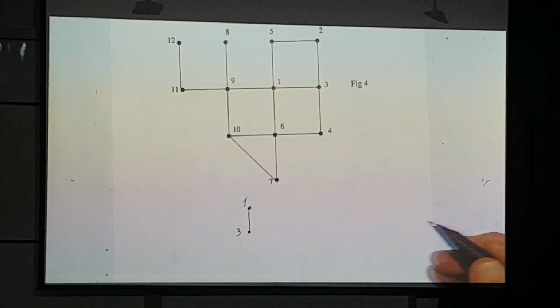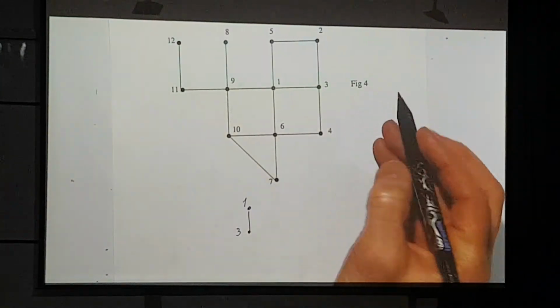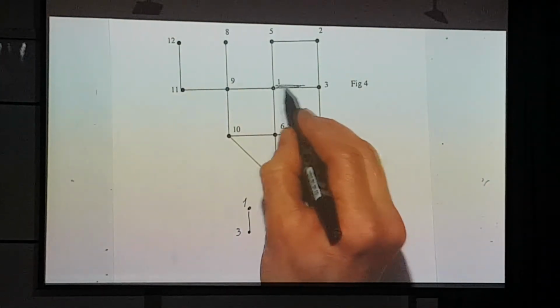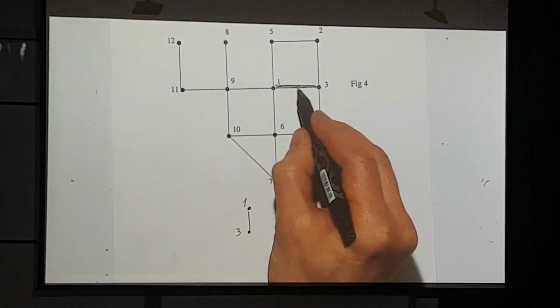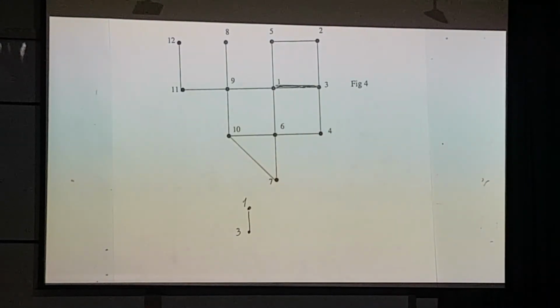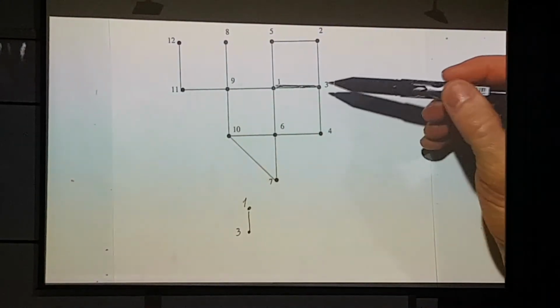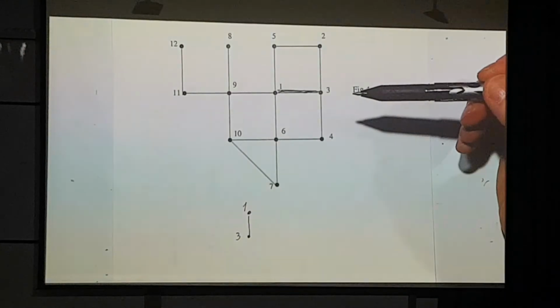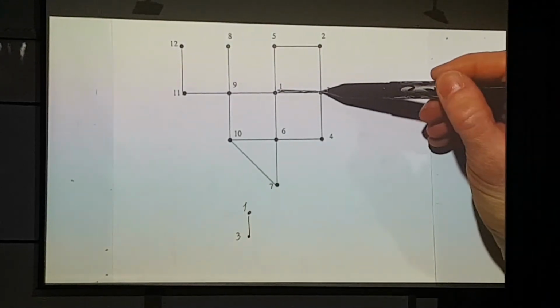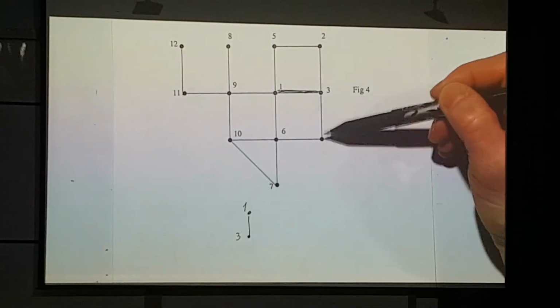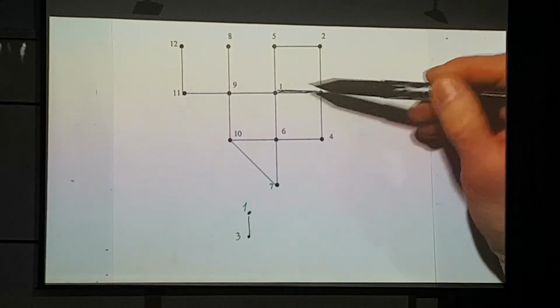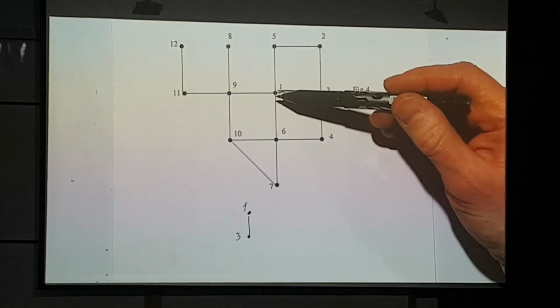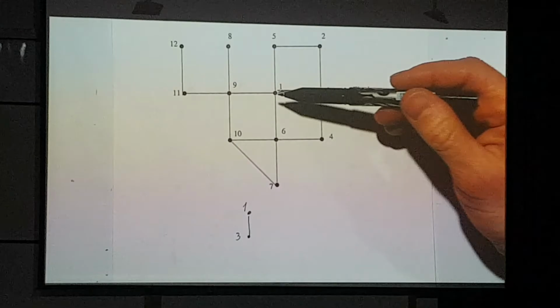So that's the beginning of my tree, and I mark it on the graph. While at 3, I try now to add a new vertex, and from 3 I can either go to 2 or to 4. I can go back to 1, but I don't want to do that because that will create a circuit.